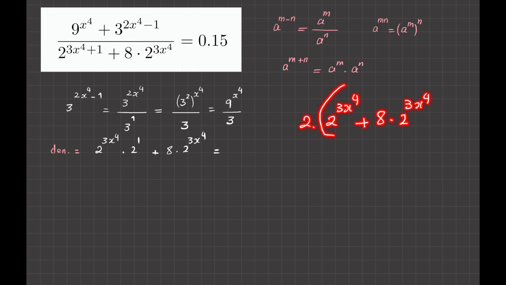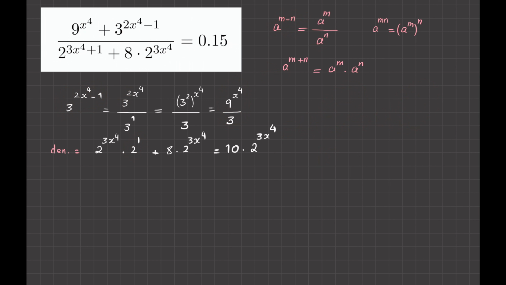So you see I have 2 of these packages and I have 8 more of them. So in total I will have 10 of them. So the denominator can be simply written as 10 times 2 to the power of 3x to the fourth. Okay, so now I can rewrite the equation again.